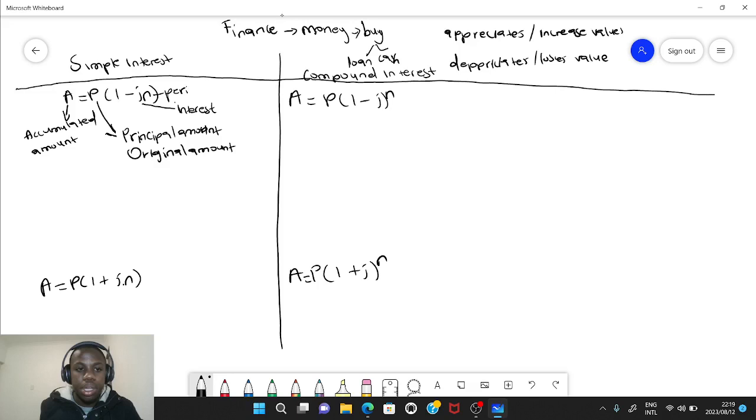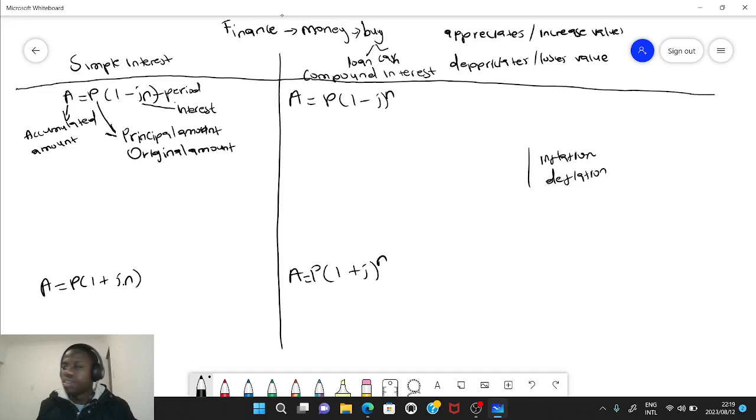Now I want you to note that in this particular financial literacy, we'll be dealing with inflation and deflation, and I will explain. Inflation is the increase: whenever the prices of goods rise, we experience inflation.